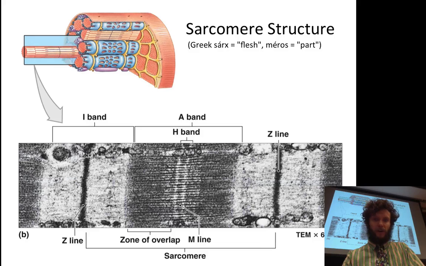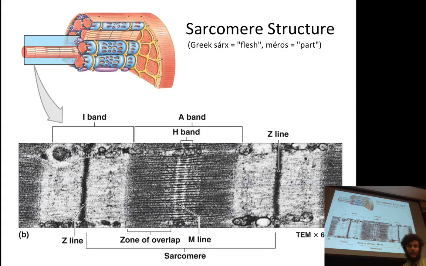Sarcomere structure. Sarcs from the Greek for flesh, meros parts, the fleshy parts of the cell. This is a better diagram than I had in the lab. This is the next thing on my acquisition list for lab. I want to get a good model of this thing. So we have the thin filaments that represent the I band, the thick filaments of the A band, I meaning isotropic and A meaning anisotropic.